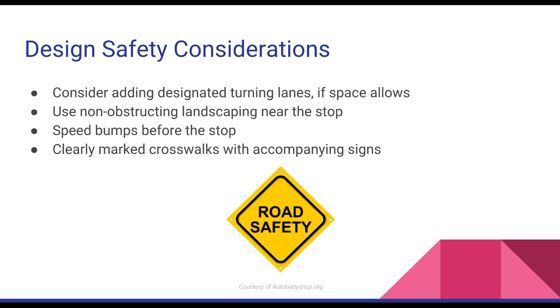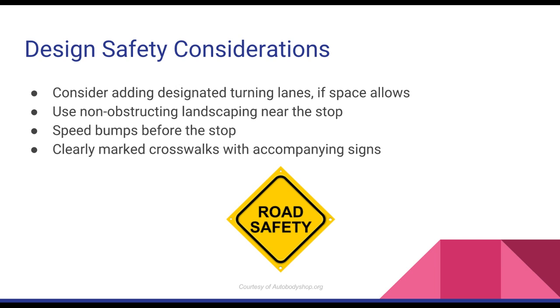So, what are some things we can design for that maybe can help us out in these sorts of situations? Now that we have a better idea of what our cautious drivers look for in these sorts of situations, what our cautious drivers are concerned about, what they're looking out for, we can kind of design around that and kind of ease the burden on our pedestrian and vehicle traffic.